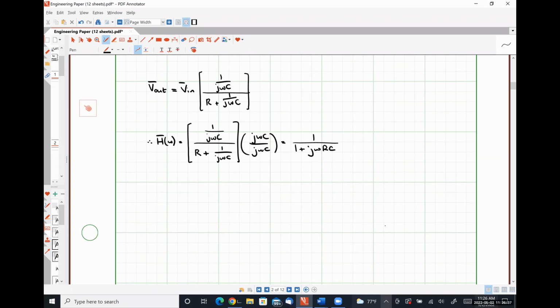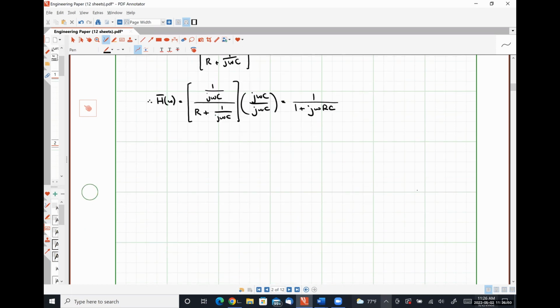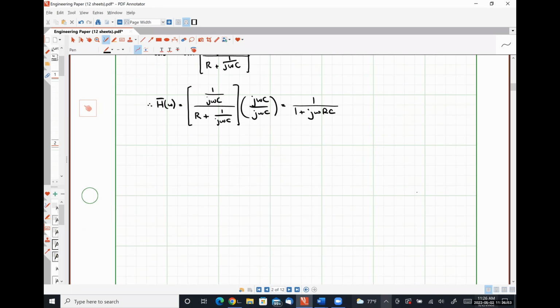So what I'm going to do now is figure out how to break this transfer function up into a real part and an imaginary part, just using complex number manipulation. Okay. So I'm going to start with our simplified form here, 1 over 1 plus j omega RC.